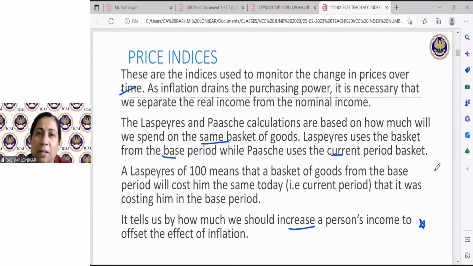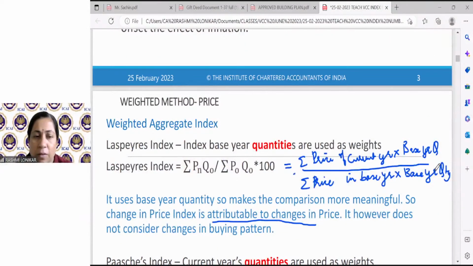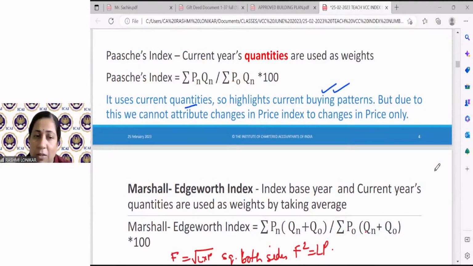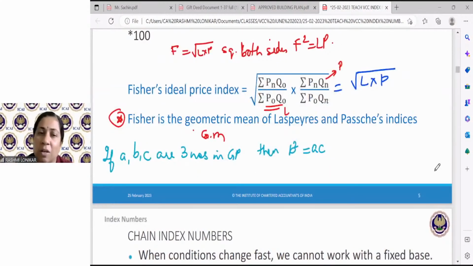And Paasche takes the current quantities and finds how much this would have cost in the base year. Then Marshall-Edgeworth, which uses the average of the quantity, and then Fisher, which is the geometric mean of these.